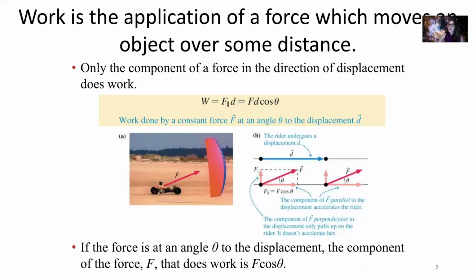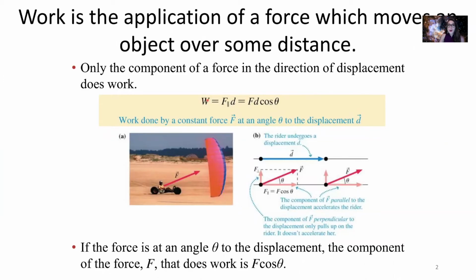And so with that, we are going to start our study of work and energy. We've already seen work a little bit in lab. Work is the application of a force which moves an object over some distance. Only the component of the force in the direction of the displacement, or in the direction of motion, is the component that's doing the work, okay?